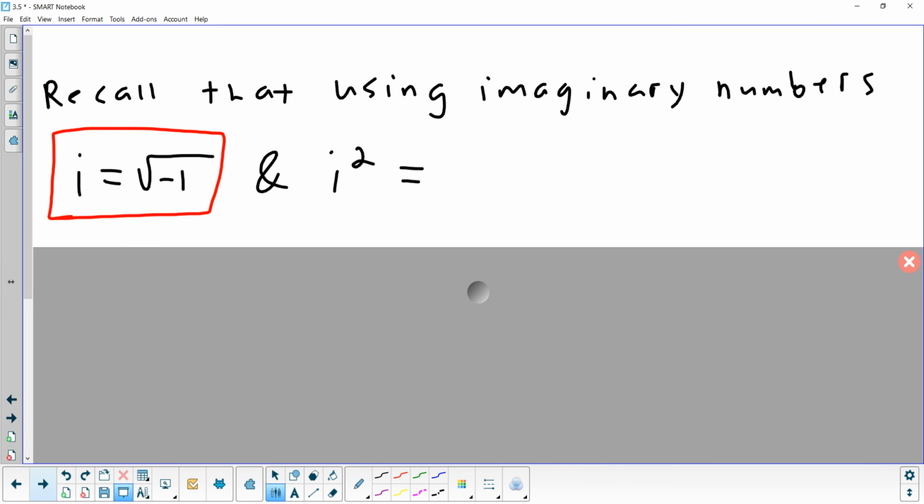So this is kind of the beginning of the review of imaginary numbers, complex numbers from Algebra 2. So what I have in that red box there, that is a definition. If you ask me why, well, there is no answer why. Why is i equal to the square root of negative 1? Because it is. It's kind of like asking in geometry, why do parallel lines never cross?